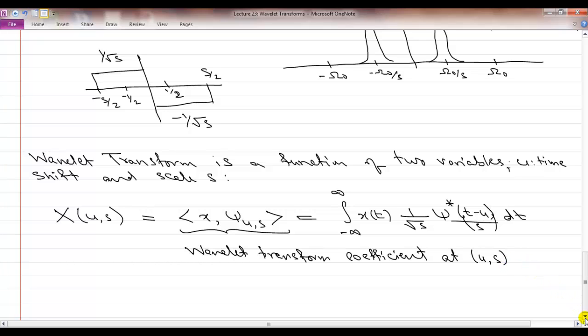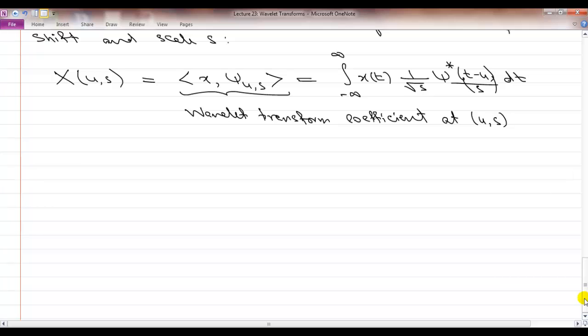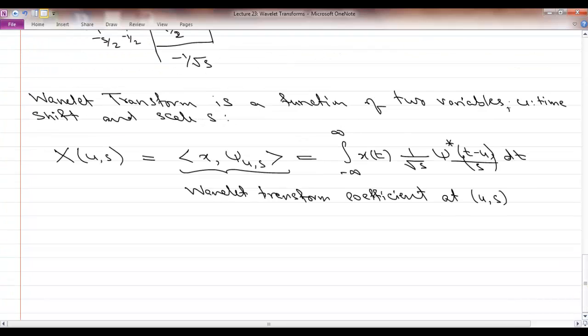Now, a long time ago, we had also talked about how an inner product in L2(R) can be simply expressed as convolution with a filter followed by a sampling operation. So we can do that here again.